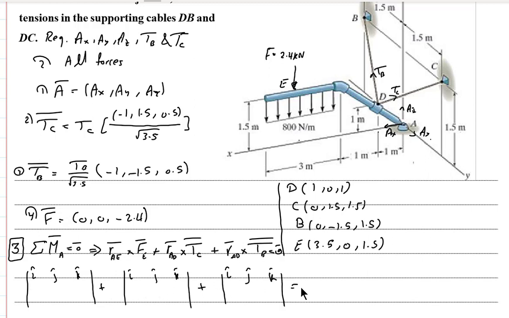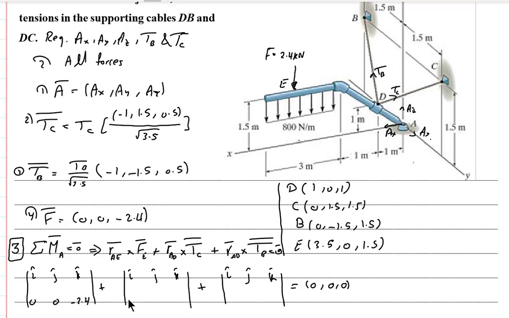So we have 3 determinants and then equal 0, 0, 0. All the first row here is IJK. The third row we already calculated because they are the components of the forces. So here I should write the components of FE vector, which is 0, 0, minus 2.4.